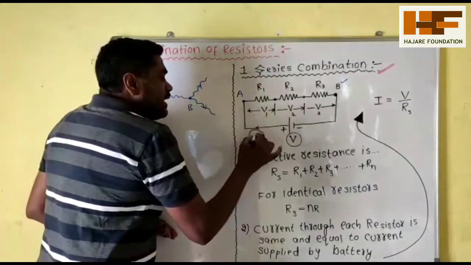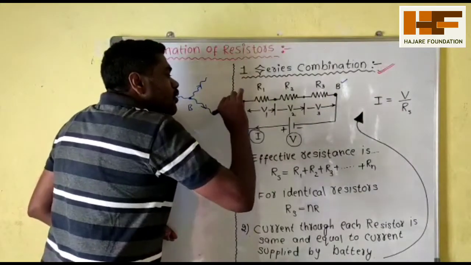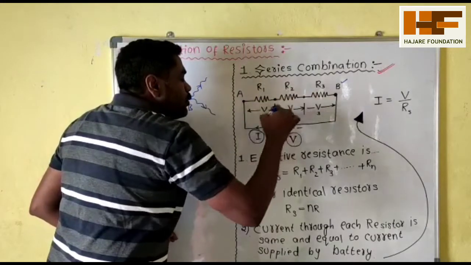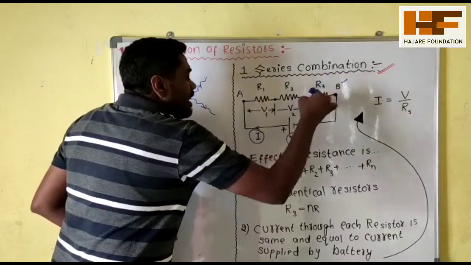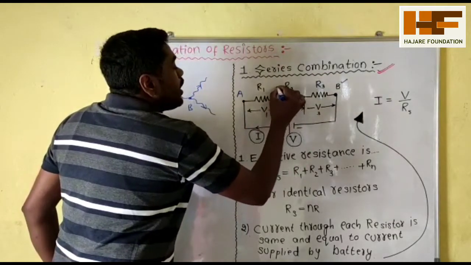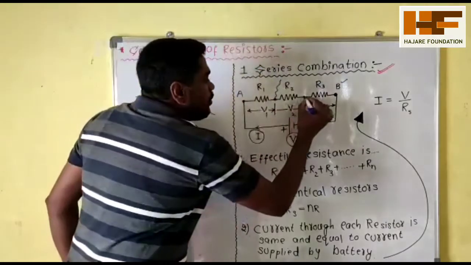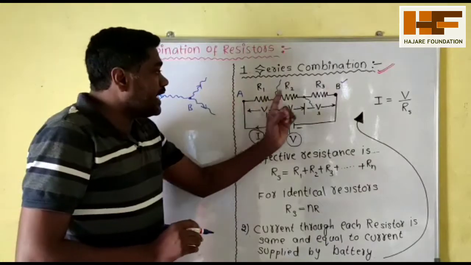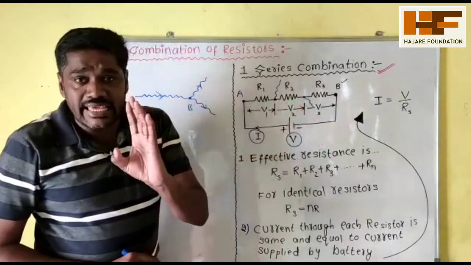When the current reaches A, the current passing through R1 is I, the current passing through R2 is I, and the current passing through R3 is also I. Why? Because from this point there is no other path, and from this point there is no other path. From A to B there is a single path.